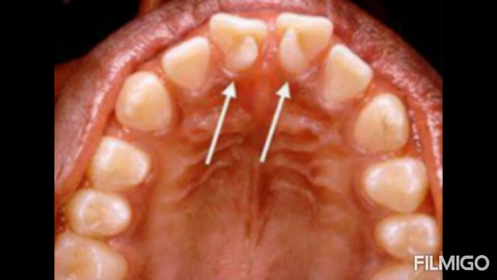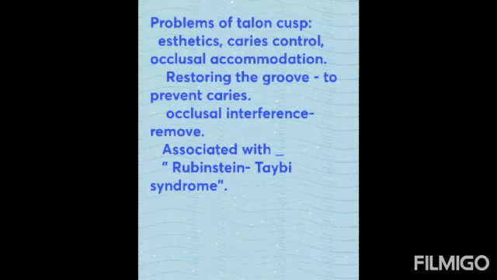This anomaly has been discussed by Mellor and Ripa, who emphasized the problems it poses for the patient: esthetics, caries control, and occlusal accommodation.